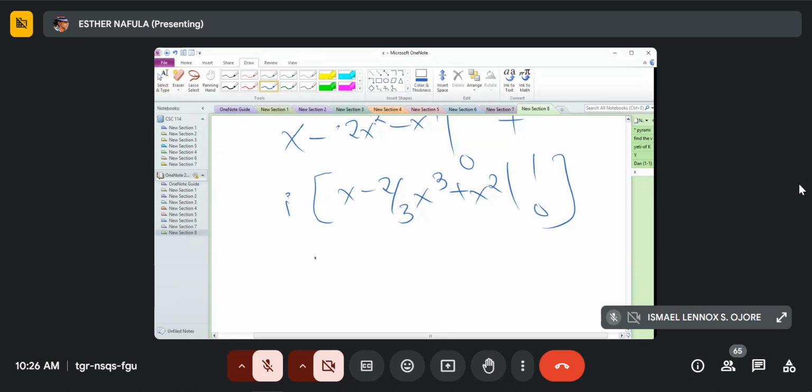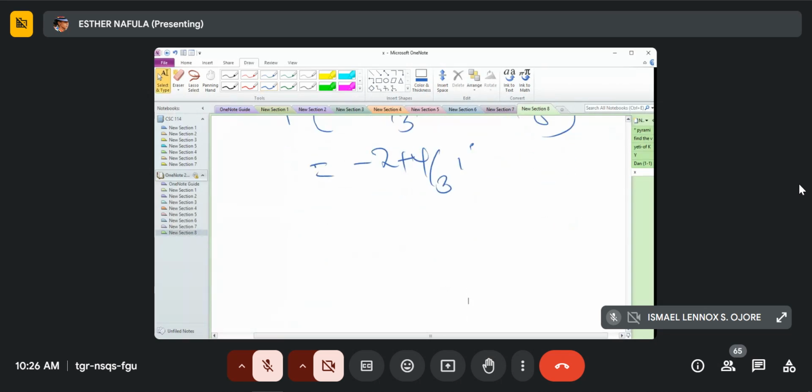So to simplify this, you get negative 2 plus 4 over 3 i. For part C, on the segment Z1, Z2, I think you can do that as an exercise. So you finish the computation for part C.